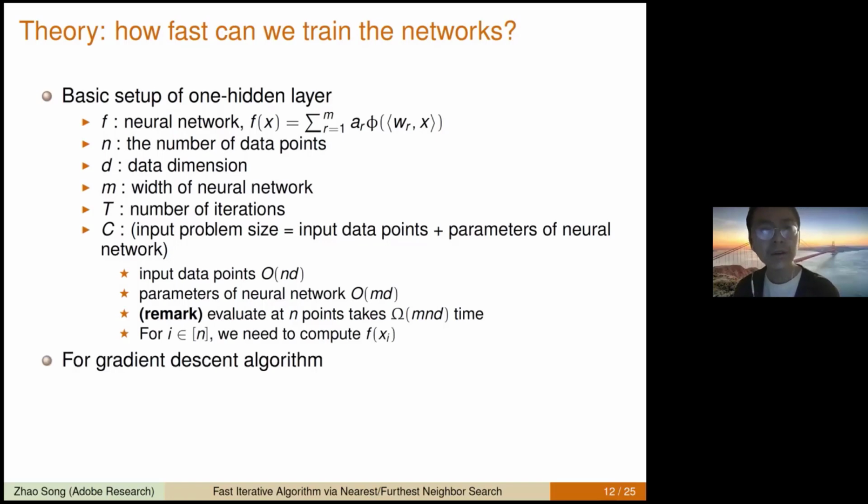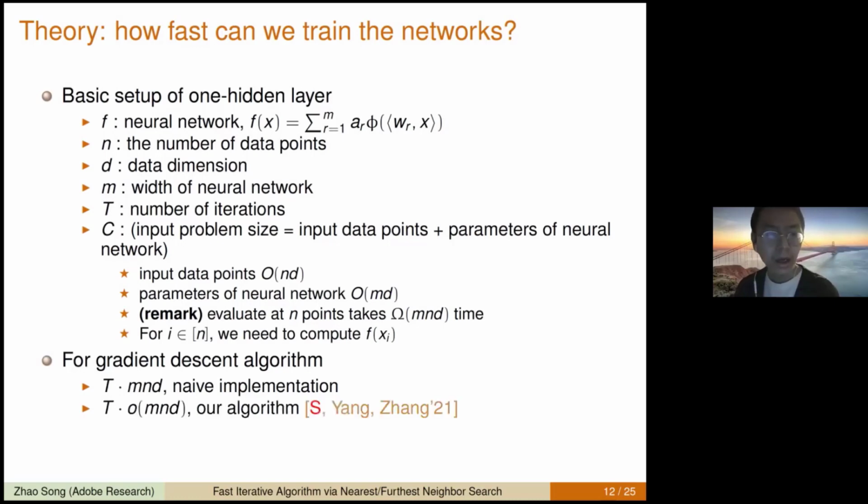So think of a greedy algorithm that at every iteration wants to evaluate this function f, to see how good the neural network performance is, and you already take T times mnd time. The goal of this talk is to show how to improve this mnd time to something smaller than mnd by using a data structure called nearest neighbor search.